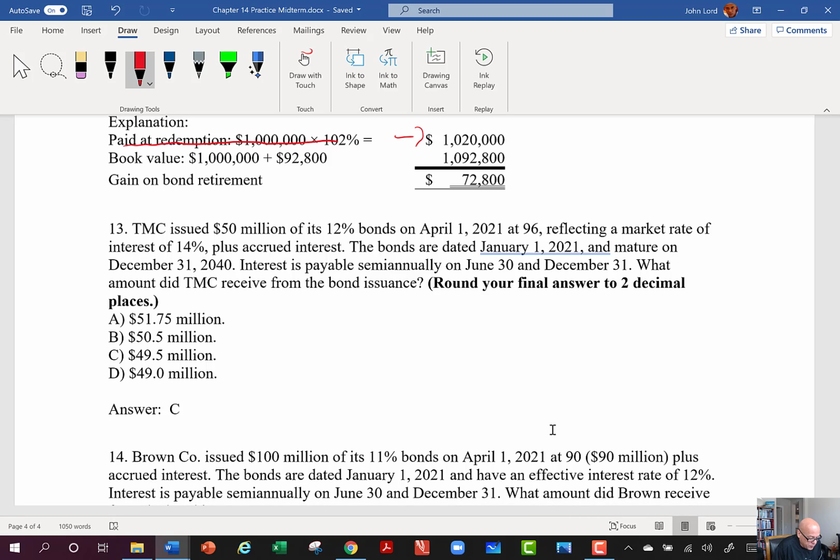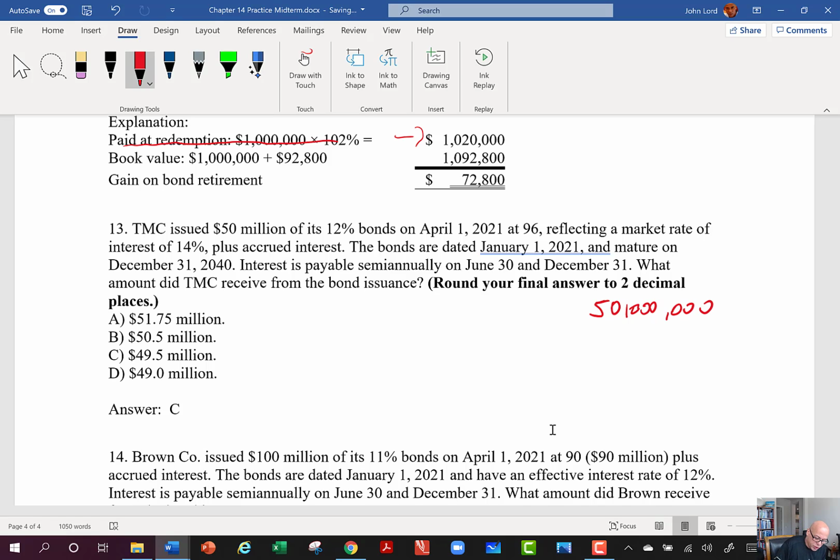Taking a look at number 13 now, what's happening here? We issued $50 million of 12% bonds on April 1st, 2021 at 96. It's $50 million.